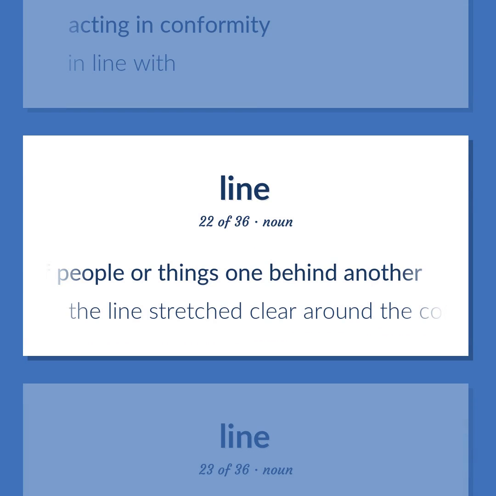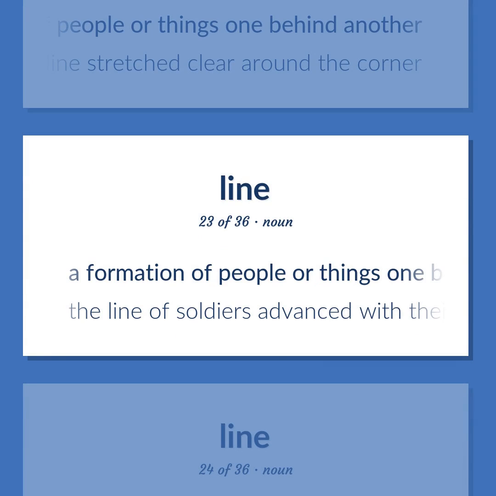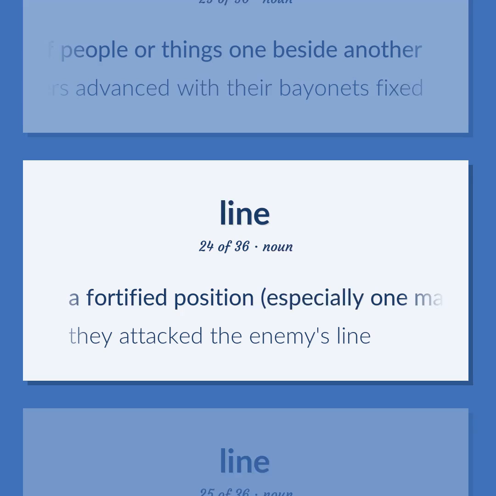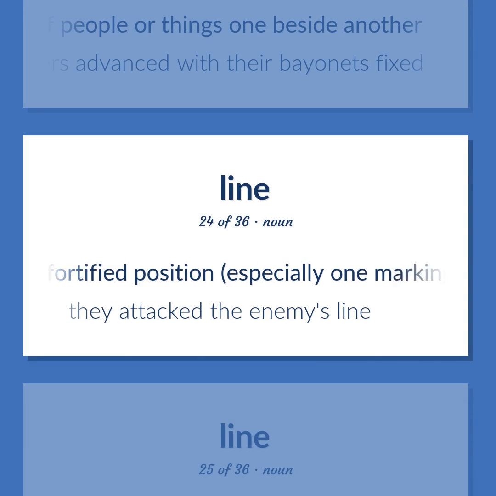The line stretched clear around the corner. A formation of people or things one beside another. The line of soldiers advanced with their bayonets fixed. A fortified position, especially one marking the most forward position of troops. They attacked the enemy's line.